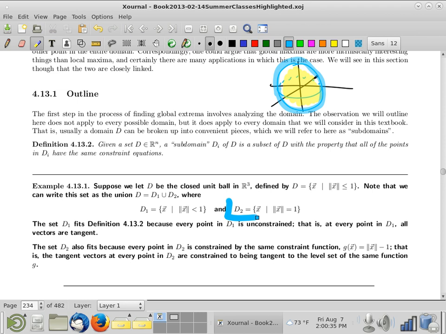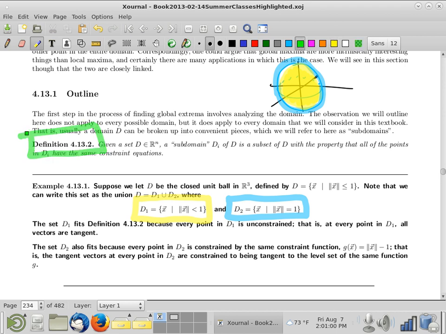That's the set of points where the distance to the origin is exactly equal to 1. And then separately, let's talk about the interior. That's the set of points where the distance to the origin is less than 1. And I claim each one of these is a subdomain, as defined here.